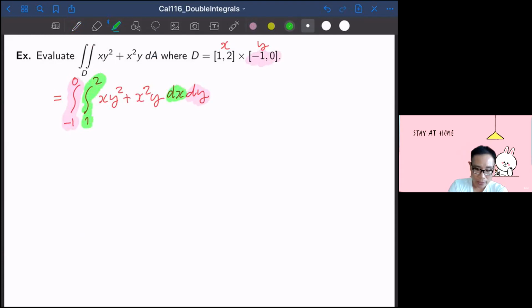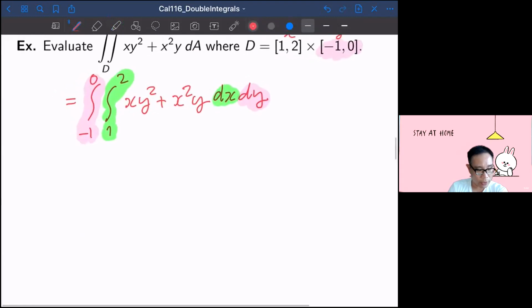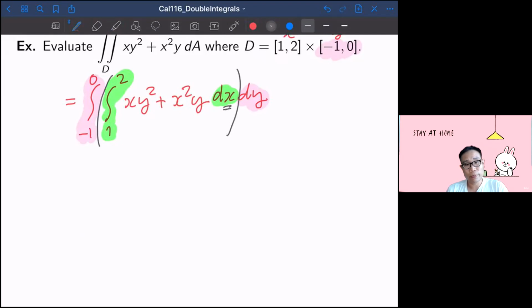Then you're going to integrate this one. If you're going to integrate this, you integrate the inside first. And you are integrating with respect to x. So let's do them together.